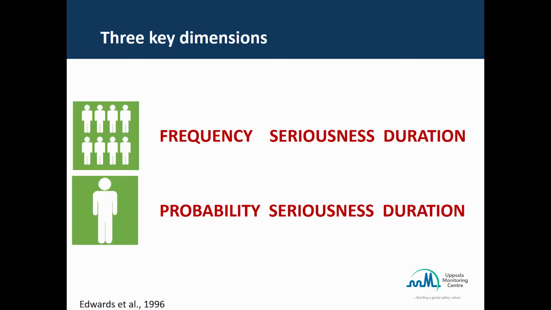So, in summary, what I've tried to do is to identify these three concepts or dimensions, frequency, seriousness, duration, as the three key dimensions to consider in benefit-risk assessment. But if we're talking about an individual patient, as indicated here, it does make more sense to substitute frequency by probability.